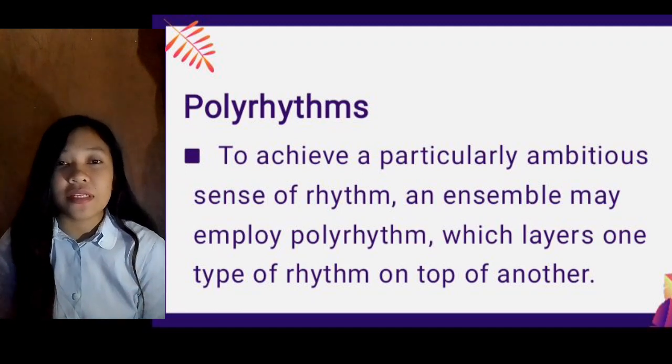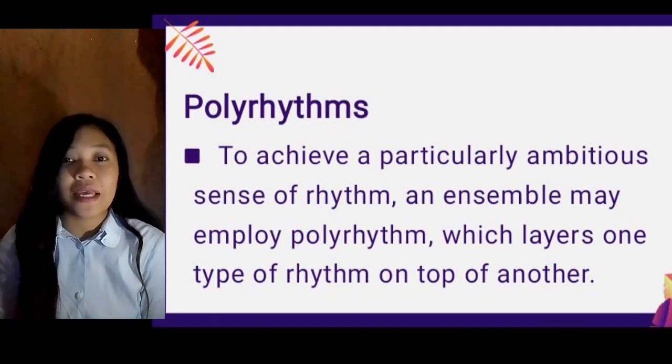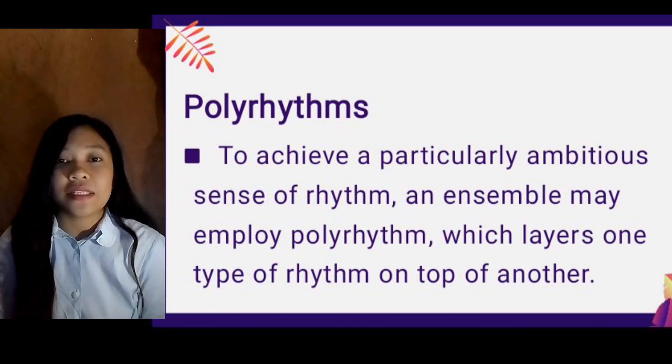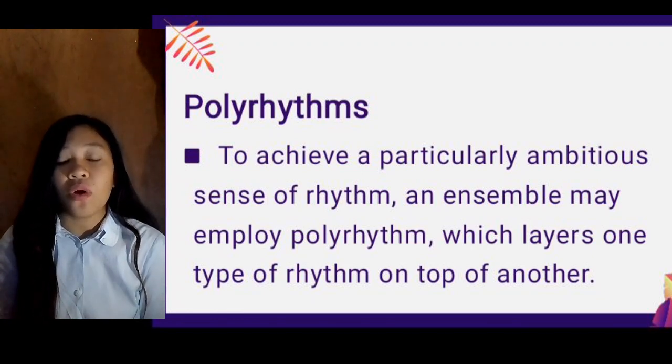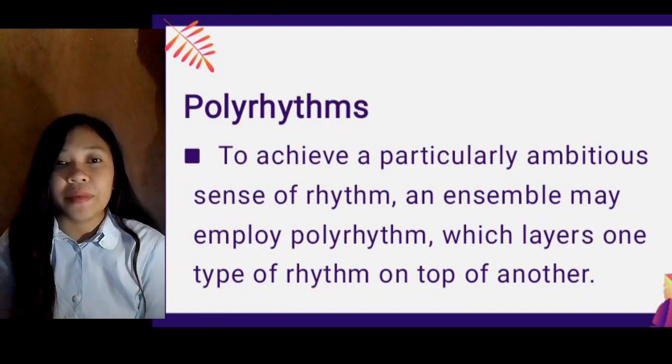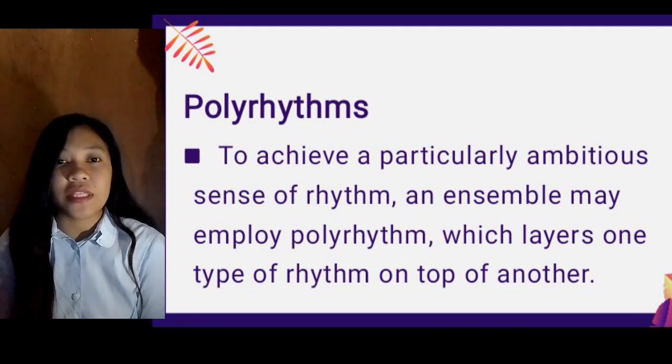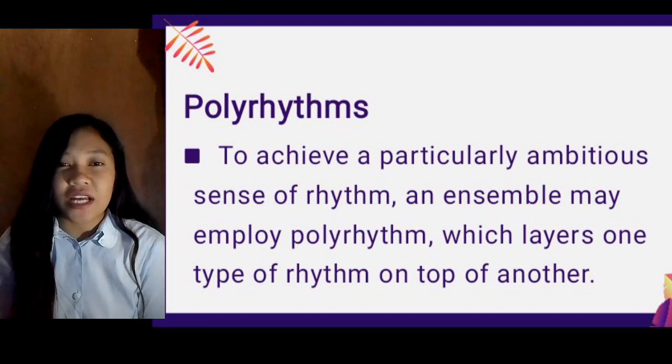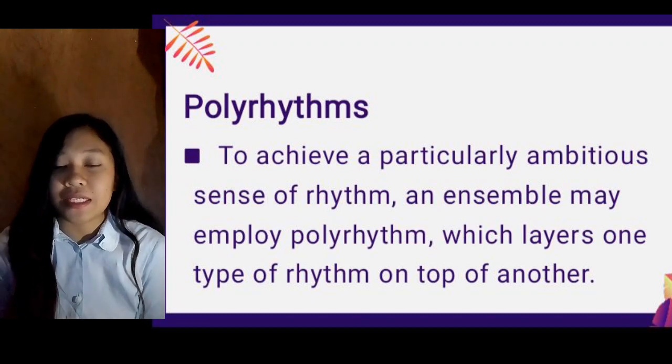This creates a dense rhythmic stew, and when properly executed, it can yield incredibly danceable rhythm patterns. Polyrhythms originated in African drumming and have spread to all sorts of genres worldwide, from Afro-Caribbean to Indian to progressive rock, jazz, and even contemporary classical.